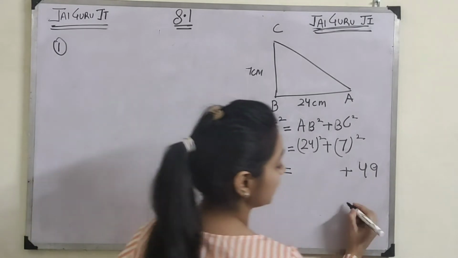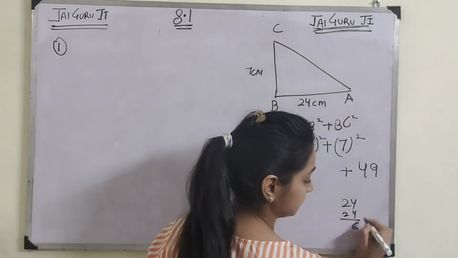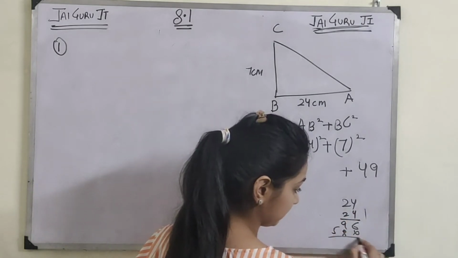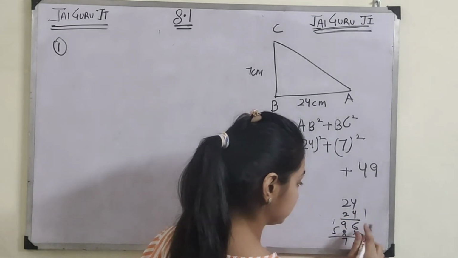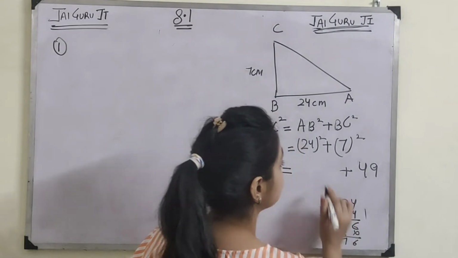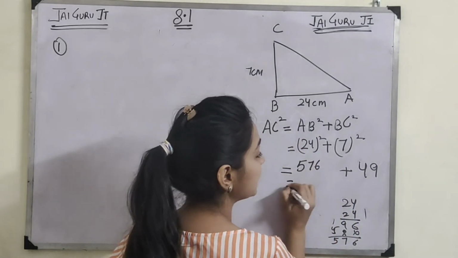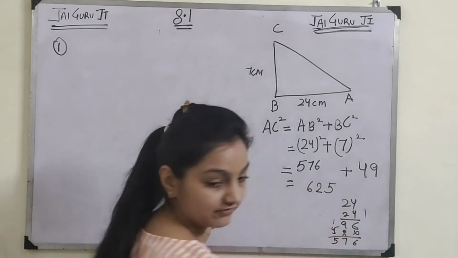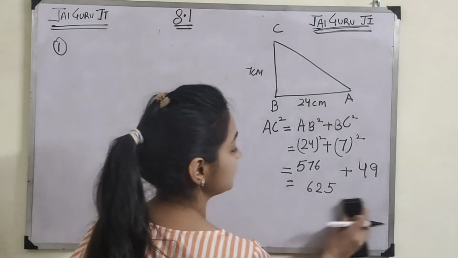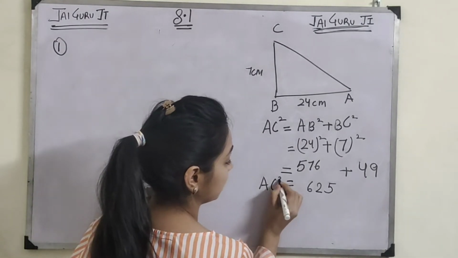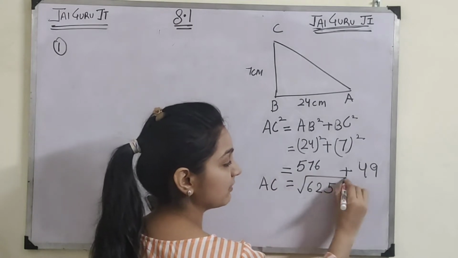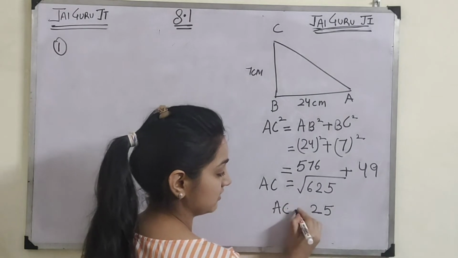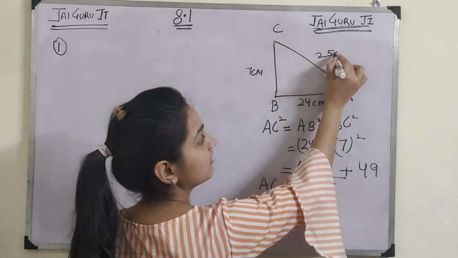You can do it in your rough work. 576. If you add it, 625. So this is AC square. If I remove the square, it will become root. AC is 25. So it has become 25 centimeter.